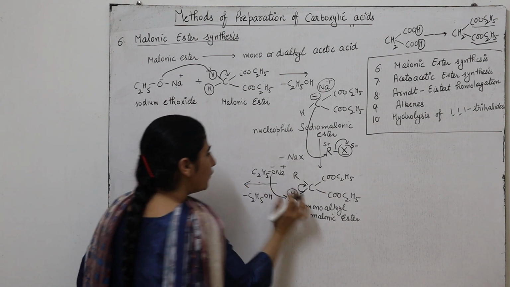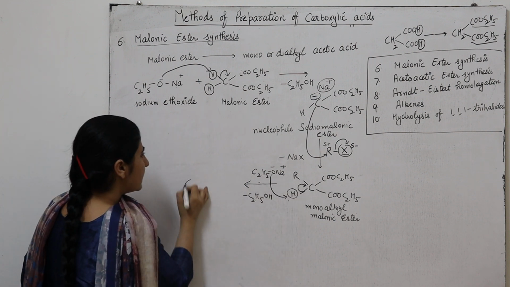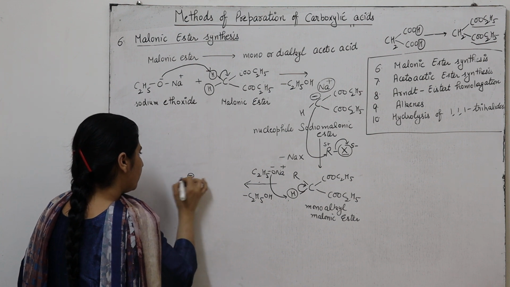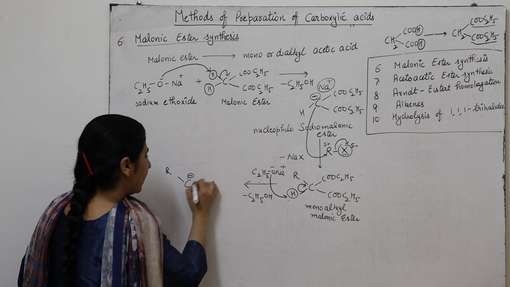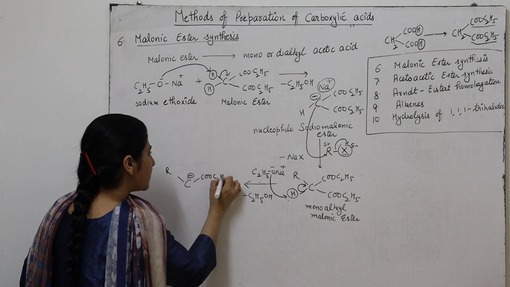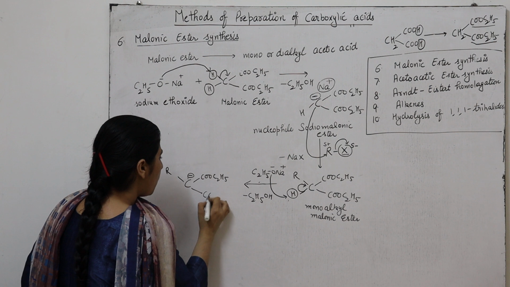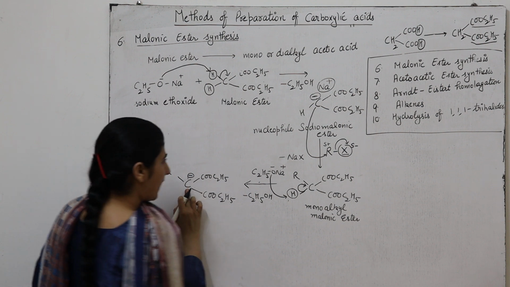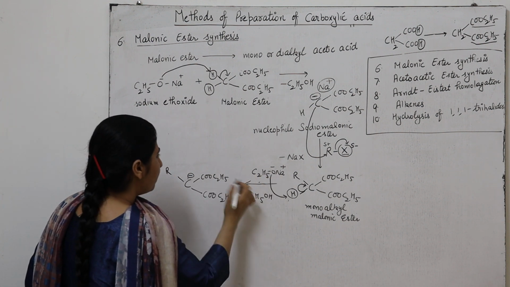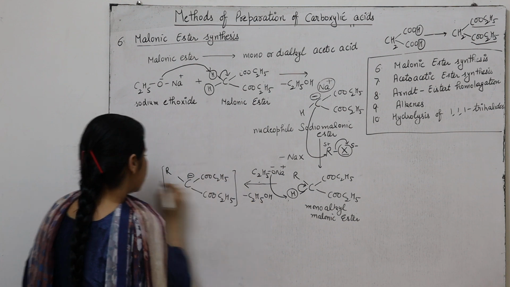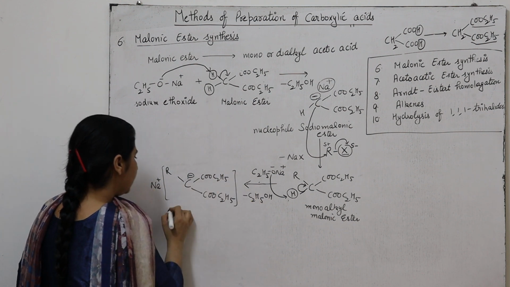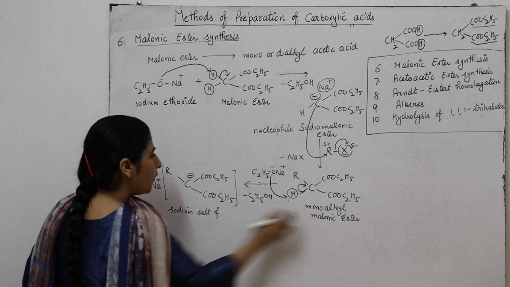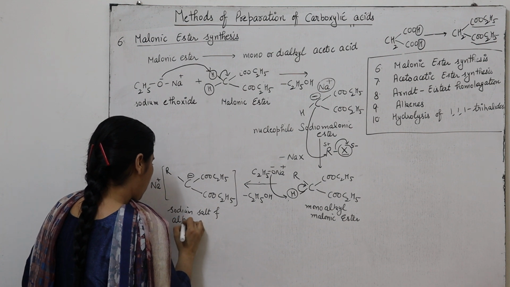After this reaction we get C negative containing the R group, with COOC2H5 and COOC2H5. Sodium combines with this carbanion, giving a sodium salt of monoalkyl malonic ester.